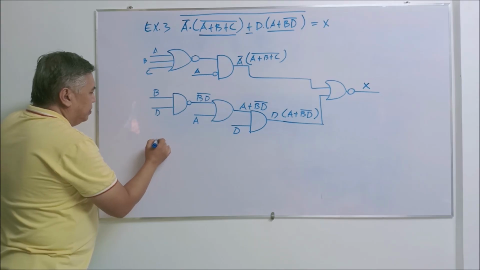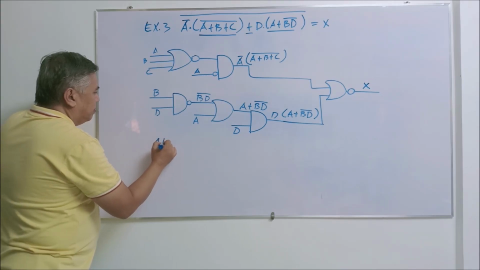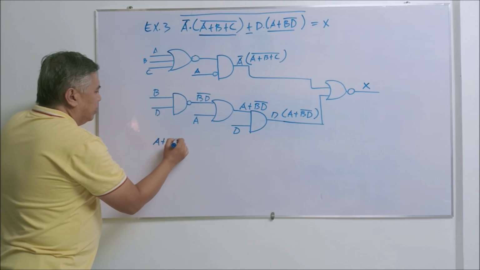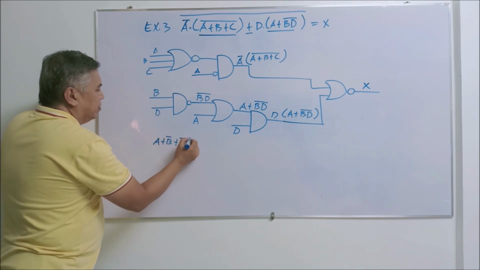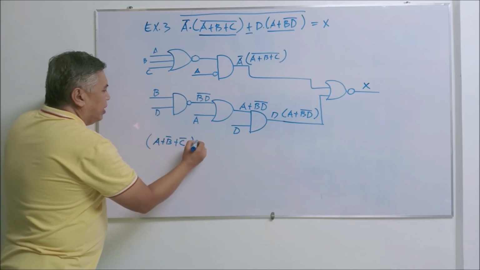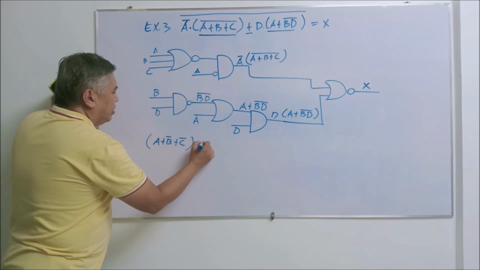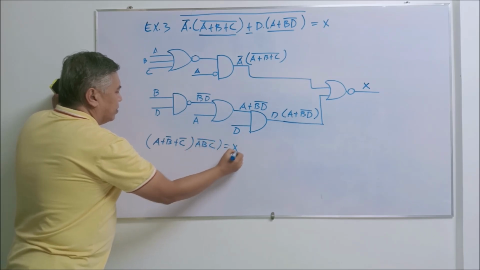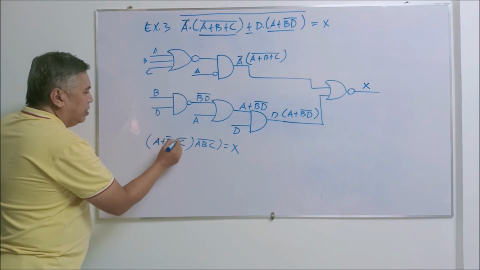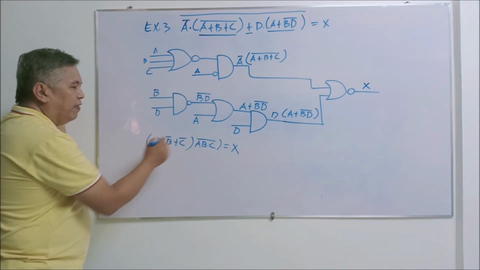Let's say you have A plus B complement plus C complement, like that. Then multiplied to A, B, C complemented is equal to X. Okay? So we have here complements on each variable.